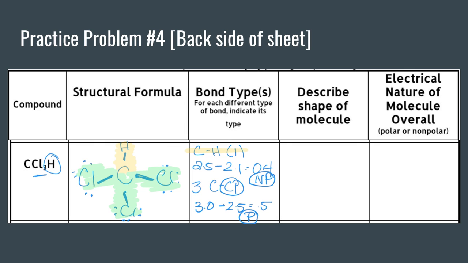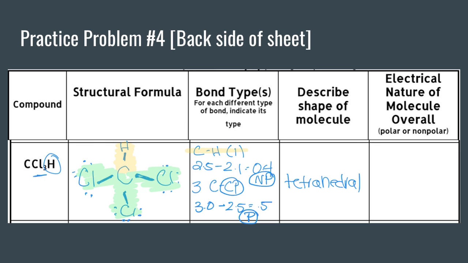So now we need to describe the shape. Again, we're looking at our central atom, which is going to be carbon, and we know carbon is in there, number 14. Again, we go back to our tetrahedral, and I'm getting that from the red reference sheet. Now when I look at the front side that has the flow chart determining the electrical nature, check bond type.